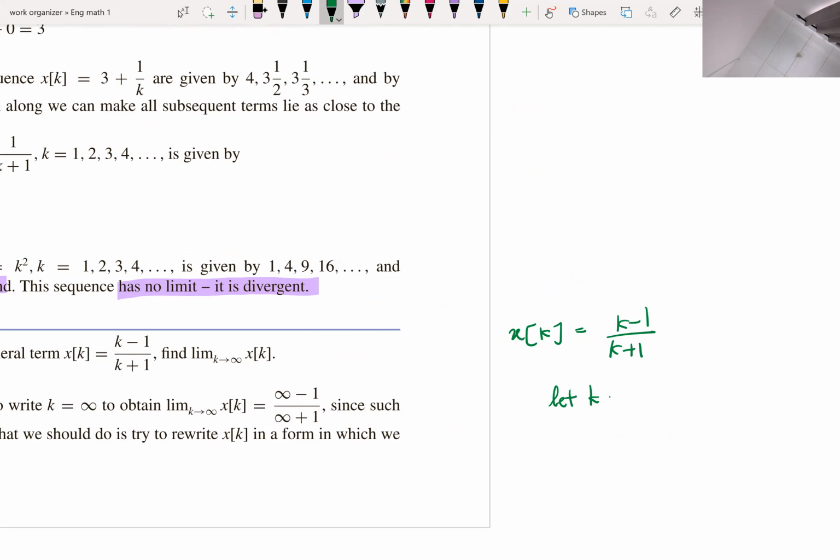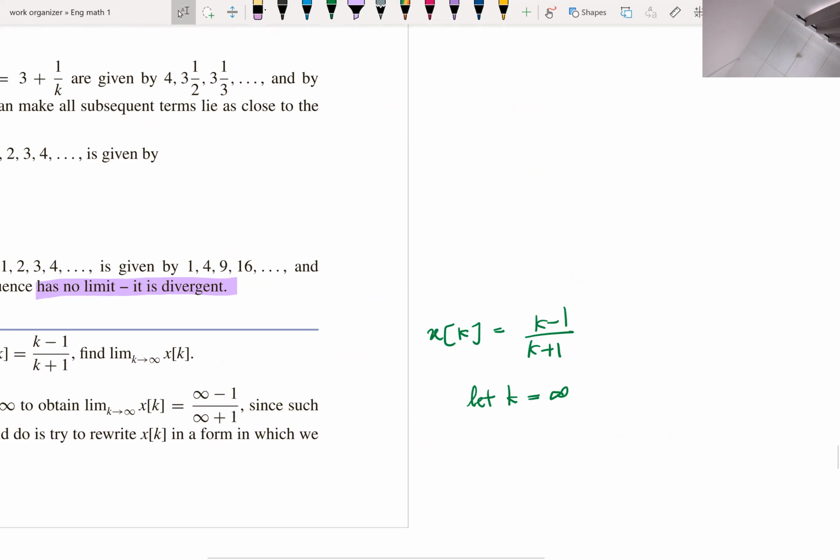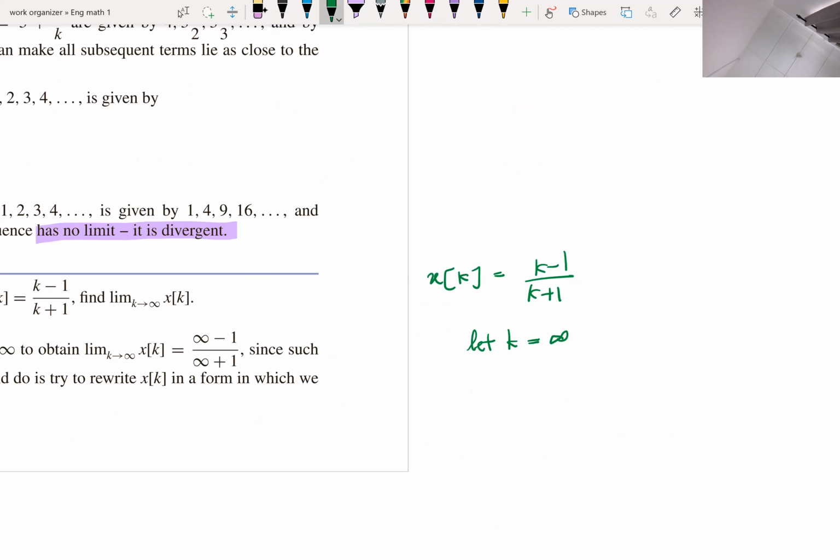First we let k go to infinity. We must make sure that at the end, the aim is to make it into the form 1 over infinity, or we can say 1 over k.